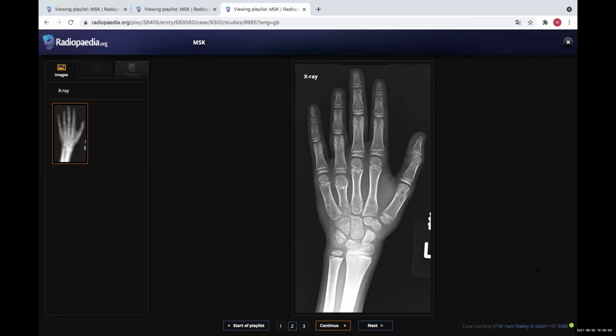I'll go for a proper clinical examination of the patient, and also discuss with the clinician regarding the presentation, and the case has to be referred to rheumatology for further workup. Okay, lovely. I'll go to the next case.